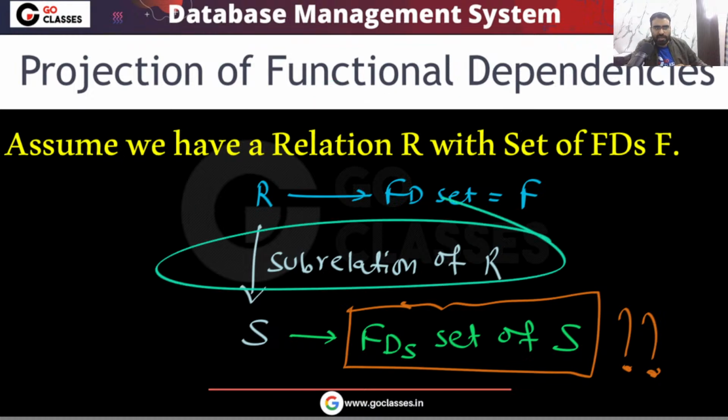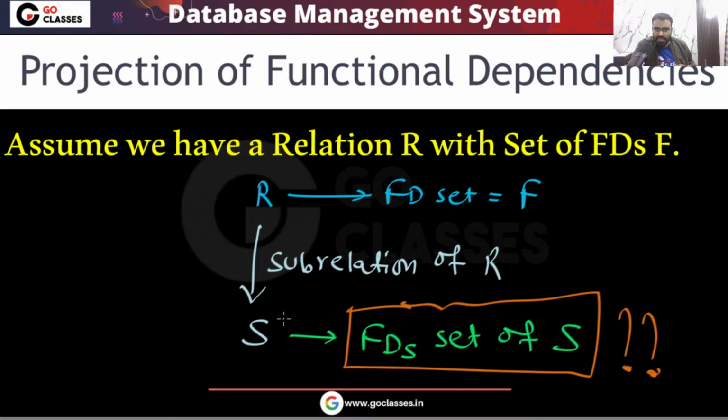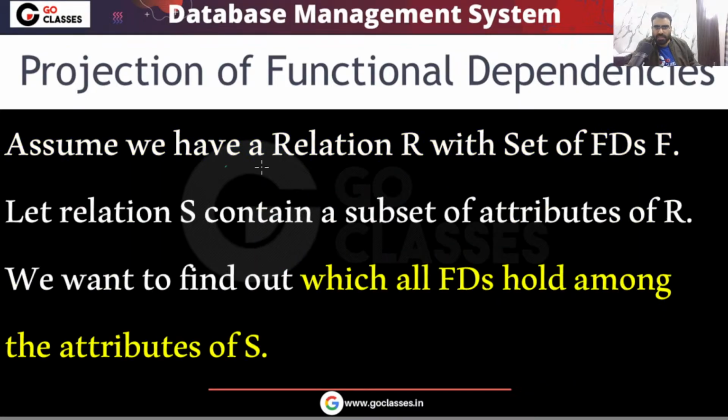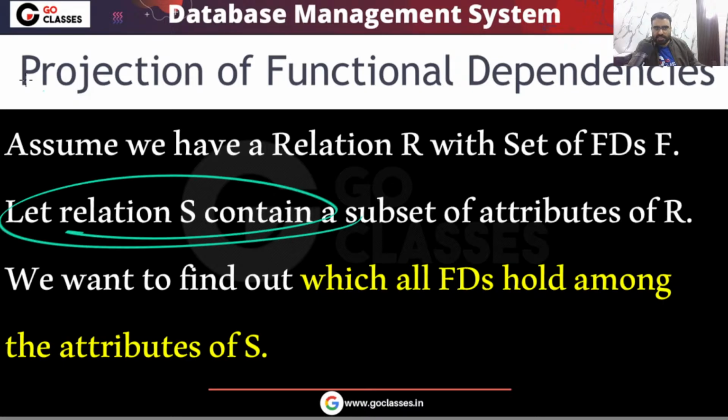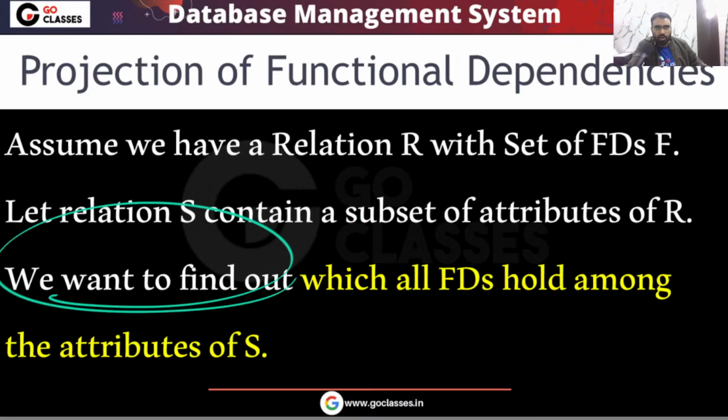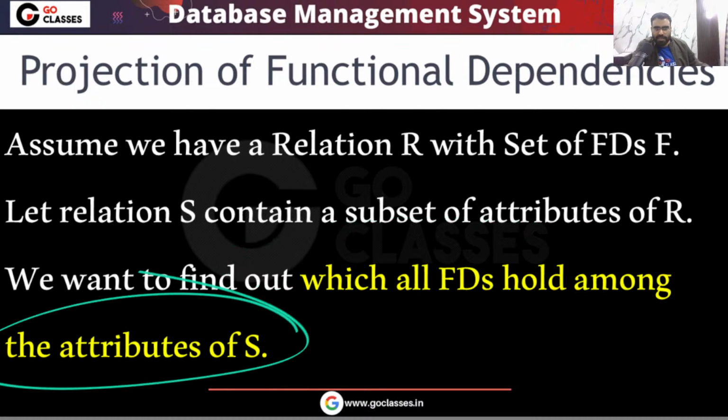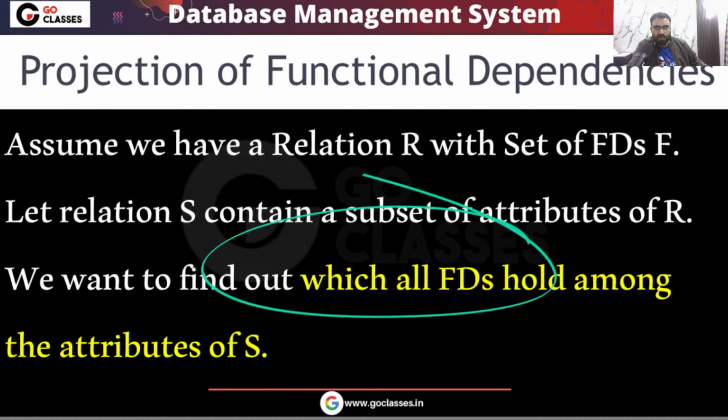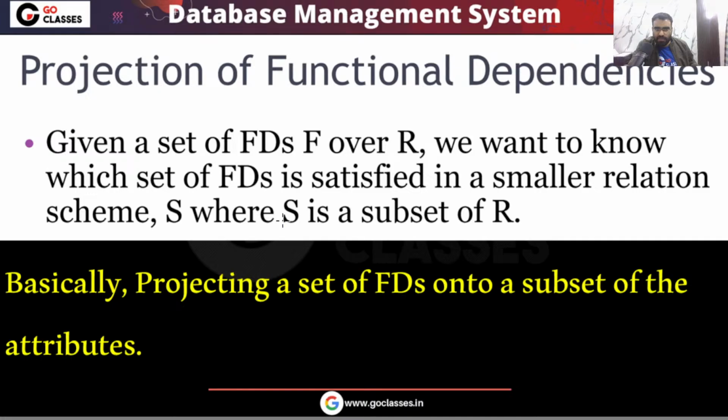Now we are taking a subrelation of R. In this S, all the attributes are a subset of attributes of R. Now we want to find out which functional dependencies will hold in this subrelation S. Assume we have a relation R with functional dependencies F. This relation S contains a subset of attributes of R. We want to find out which functional dependencies will hold among the attributes of S. So basically we are projecting a set of functional dependencies onto a subset of attributes.